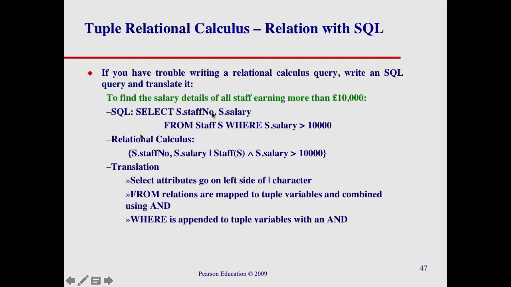How would I know whether it's a free tuple variable or a bound tuple variable? Very good. If the relation's attributes show up in the select clause, it is a free variable. If they do not show up in the select statement, it is a bound variable.